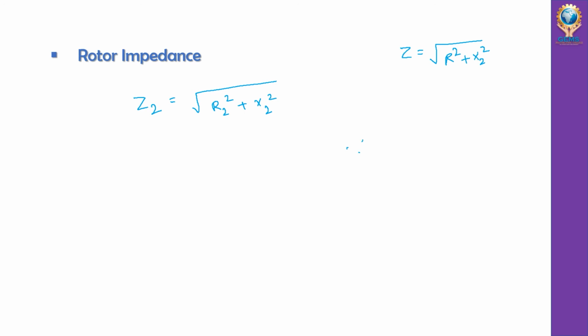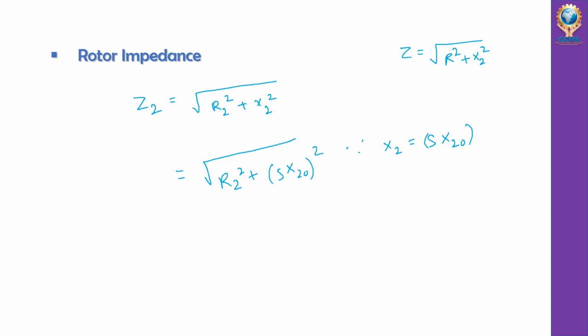As we know, X2 equal to s X20, we can substitute here: R2 square plus (s into X20) whole square. So this is the rotor impedance.